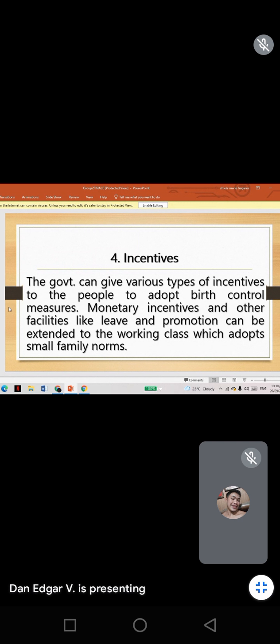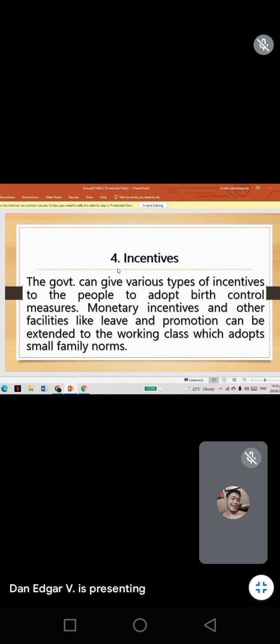But number 4 is incentives. The government can give various types of incentives to the people to adopt birth control measures. So example is monetary incentives and other facilities like leave and promotion can be extended to working class which adopts small family norms.